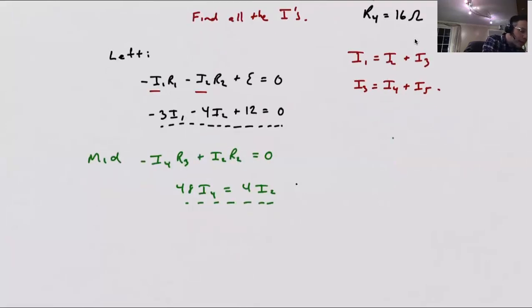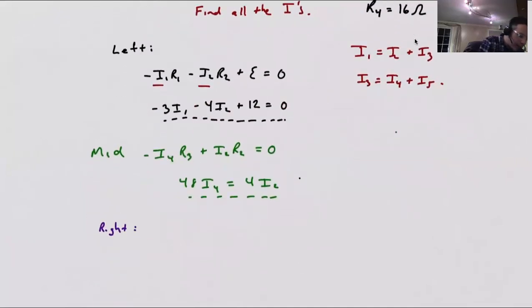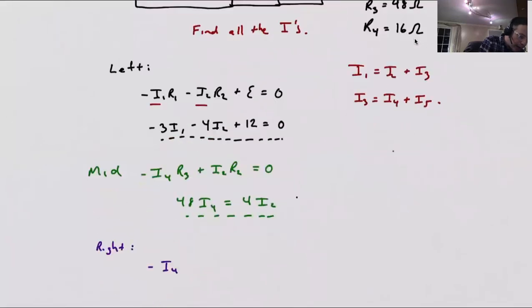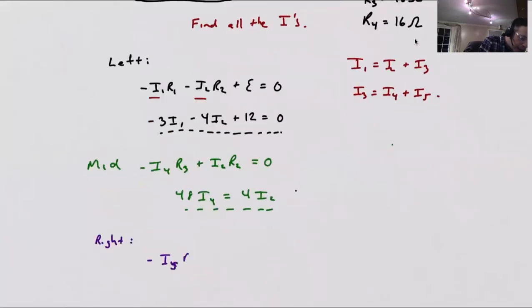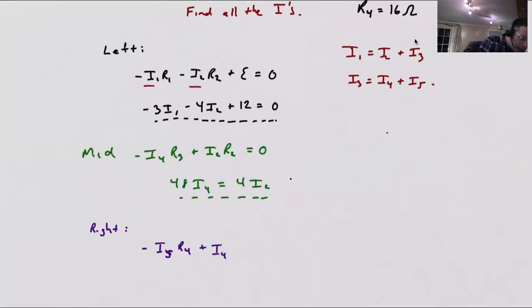Let's go to the right loop. Let's do that one in purple. Doing the right loop, again starting from this point, the first thing I encounter is a minus I5 R4, but then I pick up an I4 R3, and I'm back home.